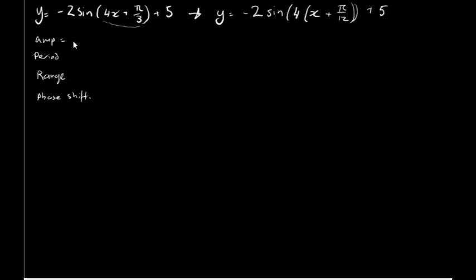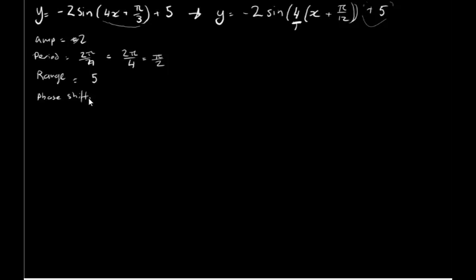Amplitude is, as usual, just 2. Period is now 2 pi on n. In this case, n is going to be our 4, because it's the multiplier inside the trig function. So the period would be pi on 2. Our range, we've got a vertical translation of positive 5.